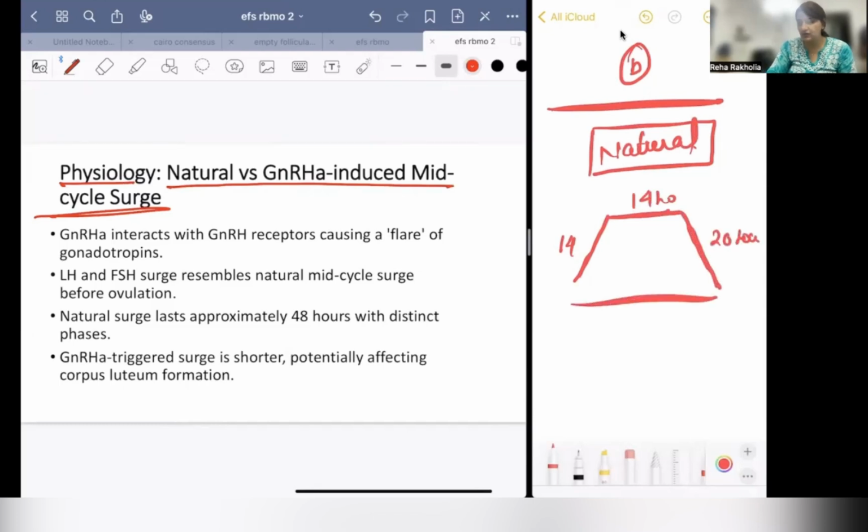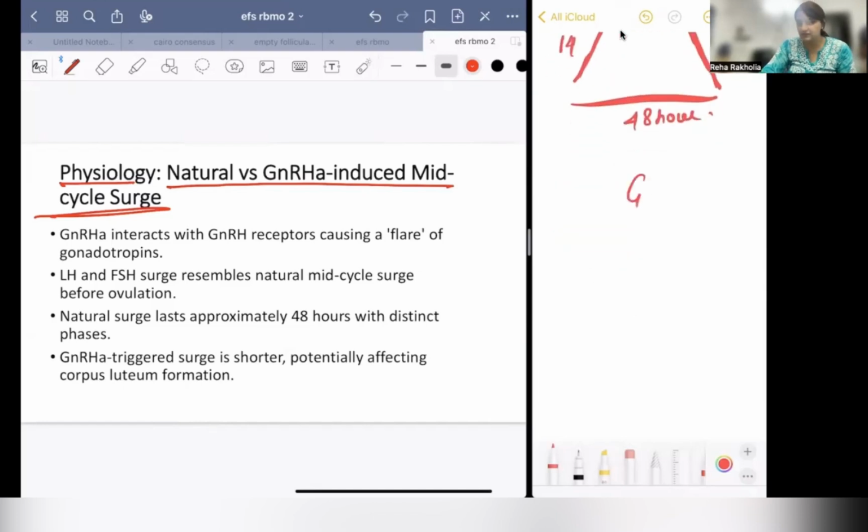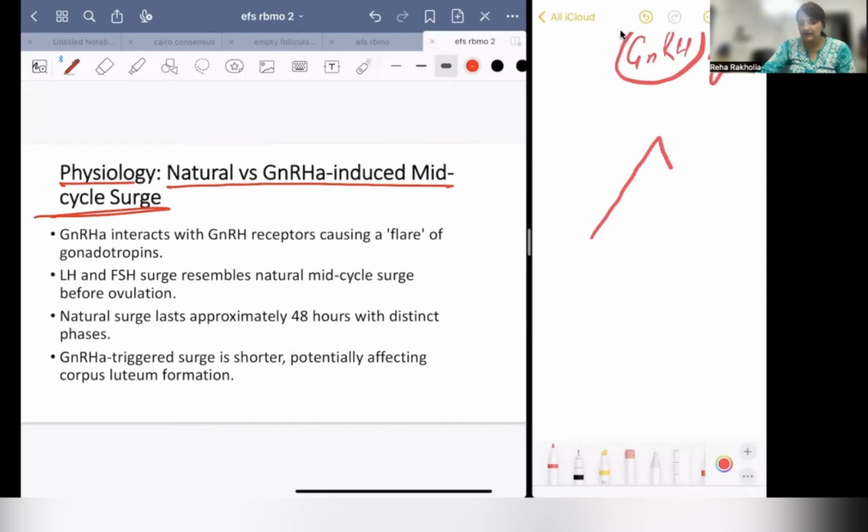That means a total of 48 hours. With GnRH agonist, the plateau phase is not there, and it rises and then declines: rises for 4 hours and declines within 20 hours. So a total of 24 to 36 hours. The timing is less.